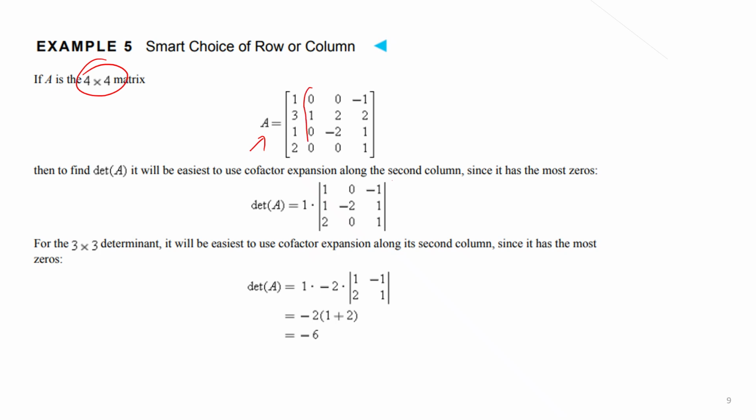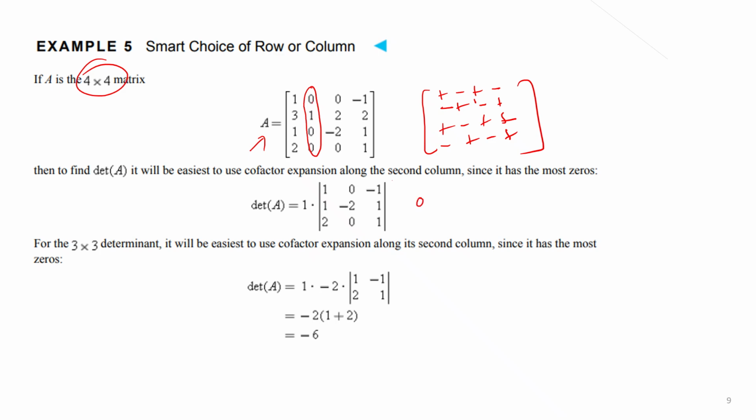So you can choose this one. Remember you still have the checkerboard: plus minus plus minus, minus plus minus plus, plus minus plus minus, minus plus minus plus.